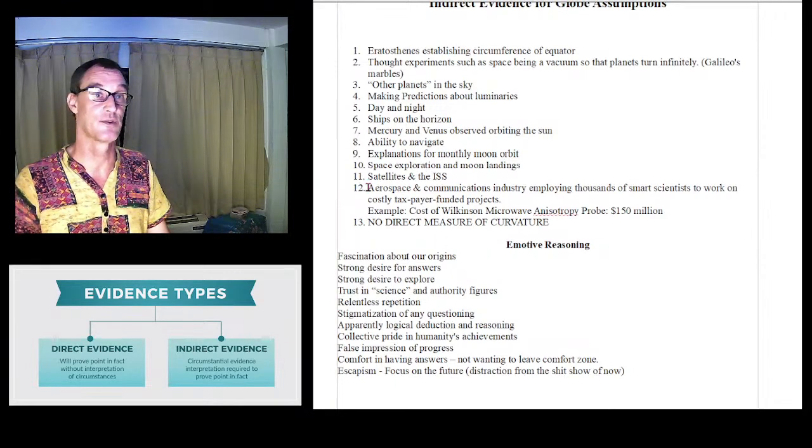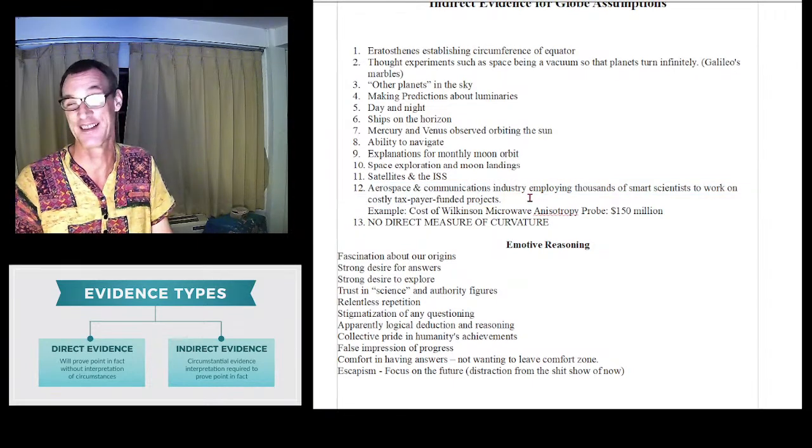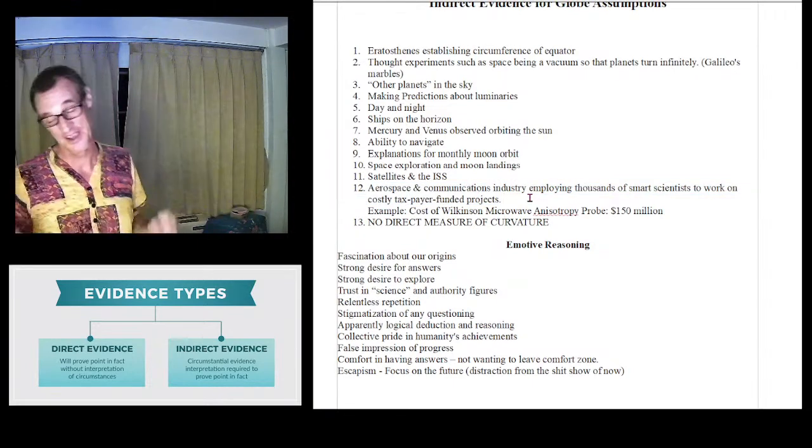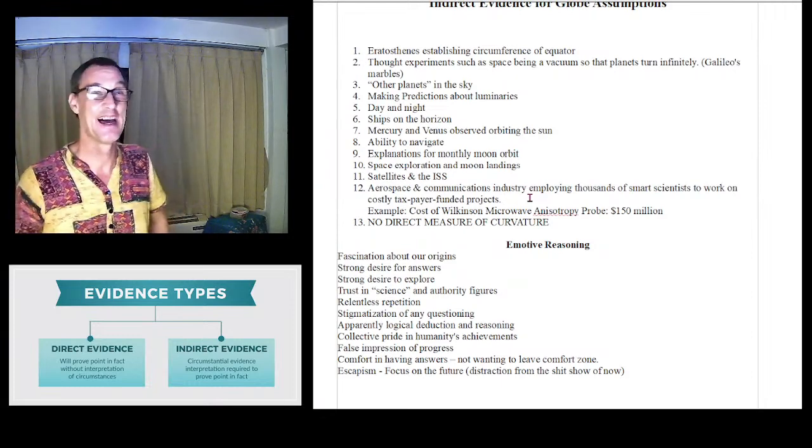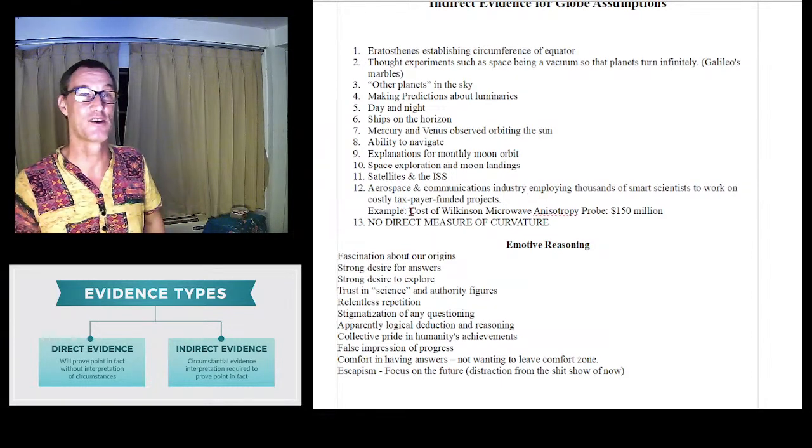And of course, as I was saying, number 12, the aerospace and communications industry employs thousands of smart scientists to work on costly taxpayer-funded projects. Yeah, well, we're doing it for the science, exploration. An example of that is the cost of the Wilkinson Microwave Anisotropy Probe, $150 million.